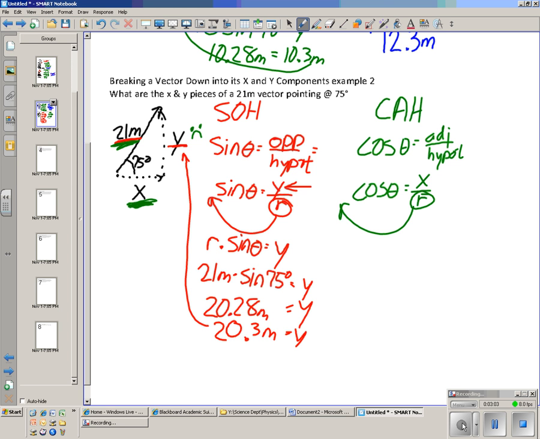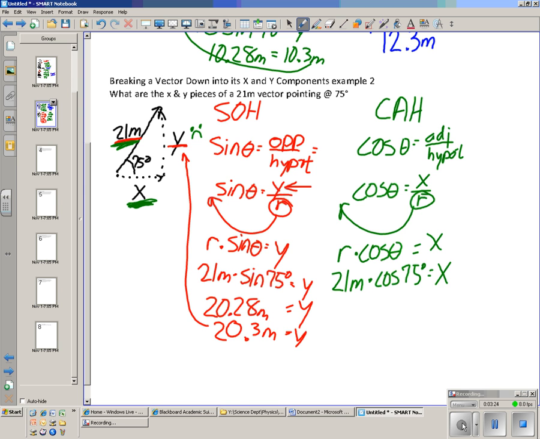Once again, I'm bringing the r up here, so I now have x equals r times cosine of theta. Plugging my values in, I have 21 meters times the cosine of 75 degrees is my x value.